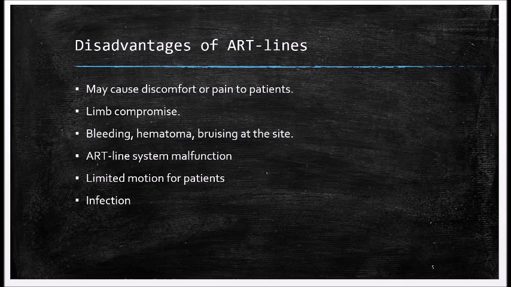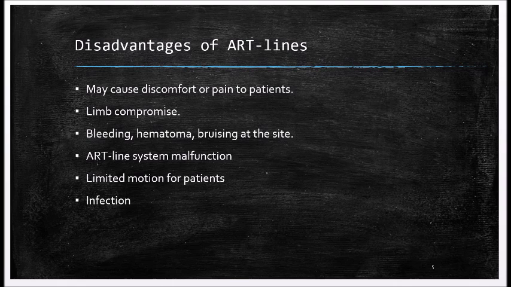And with advantages, as with everything else, come disadvantages. So some of the disadvantages include discomfort to the patients. It can compromise the limbs where it is inserted, because remember, it is inside the artery, so it's occupying some space inside. Therefore, it can compromise the blood flow in that artery and the limbs that it supplies.